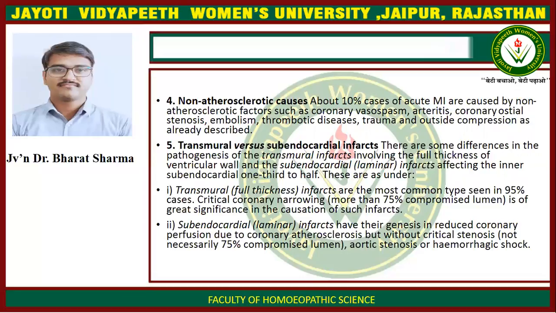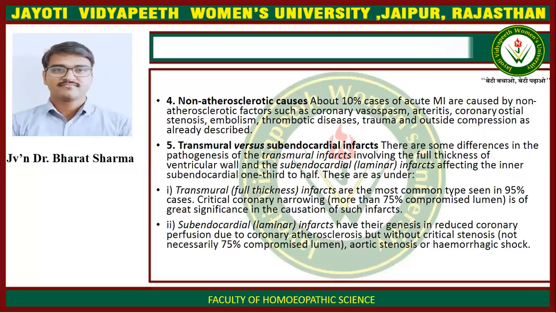Transmural versus subendocardial infarction. There are some differences in the pathogenesis of the transmural infarcts involving the full thickness of the ventricular wall and the subendocardial infarcts affecting the inner subendocardial one-third to half. These are as under. First is transmural infarcts. They are the most common type, seen in 95% of cases.